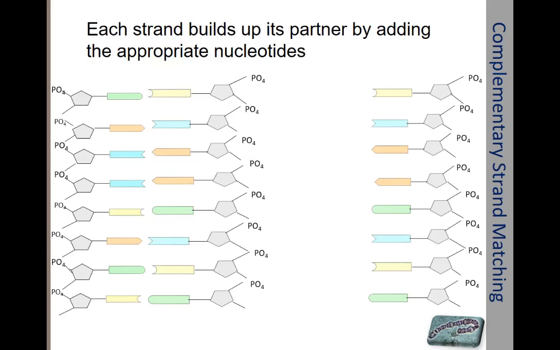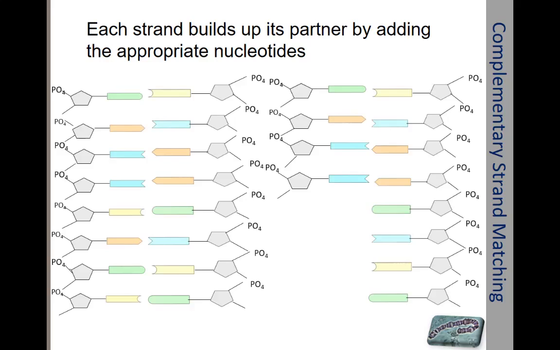And on the other strand, you'll notice that we're going to go in the opposite direction. If you take a look at the point of the sugar, the 5-carbon sugar, on the left side, it's pointing upward, but on the right side, it's pointing downward. So in terms of that 3' 5' orientation, we have to remember that it's flipped. So what it does is it goes in and puts the pieces in order, again reading from 3' to 5', but it does it in little chunks.